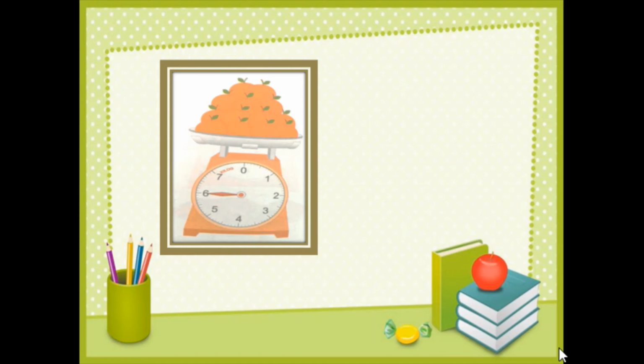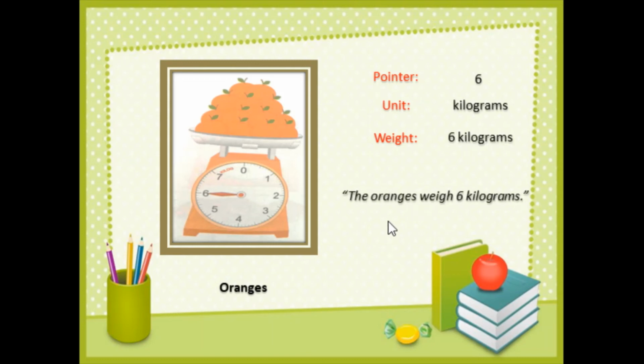Your turn. Let's try. Weighing oranges. Where does our pointer point at? Okay, it points to 6. Our unit is kilograms. Good job. The weight is 6 kilograms. The oranges weigh 6 kilograms. Good job. That's correct.